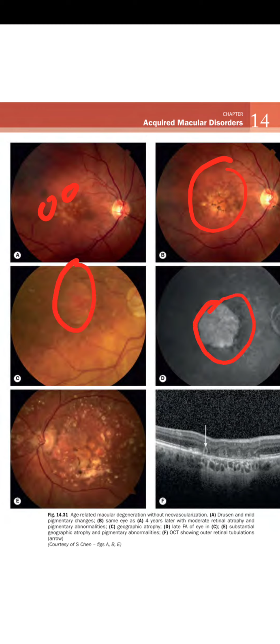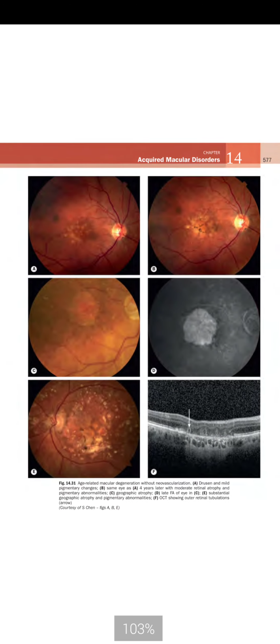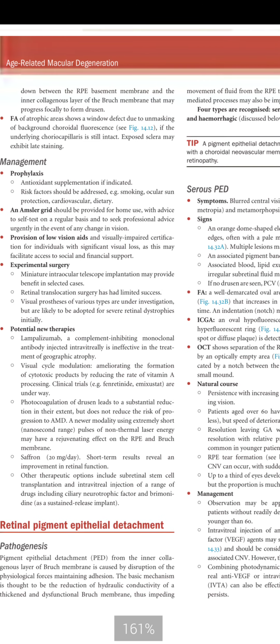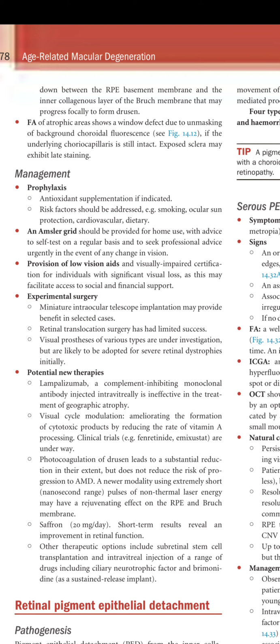D is showing late FA of the eye in C, and E is showing substantial geographic atrophy and pigmentary abnormalities. F is showing OCT with outer retinal tubulations. FA of the atrophic area shows a window defect due to unmasking of the background choroidal fluorescence, and if the underlying choriocapillaris is still intact, exposed sclera may exhibit late staining.